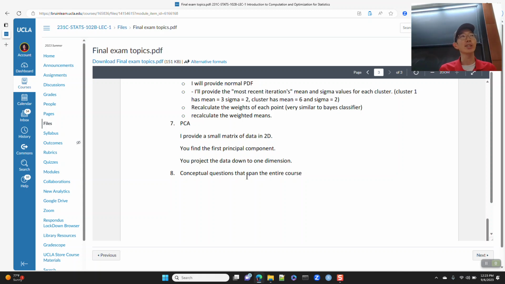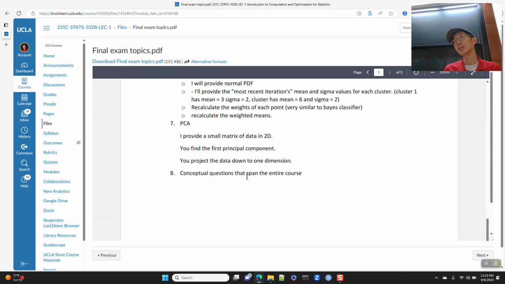So something like, I don't know, would you use lasso or ridge regression, as far as regularization goes, would you use lasso, ridge, or both for variable selection?